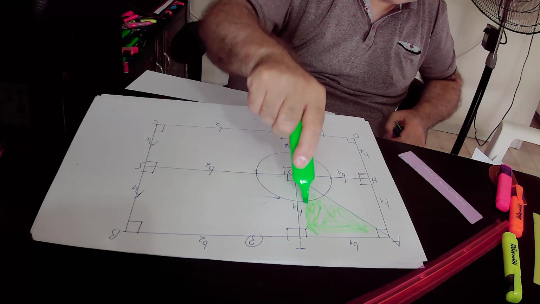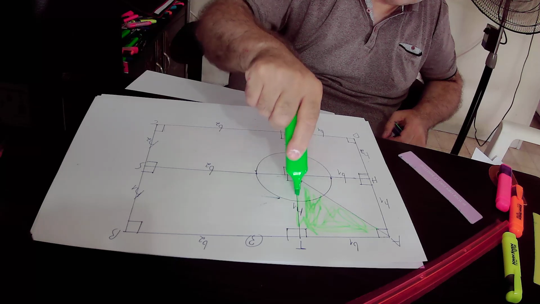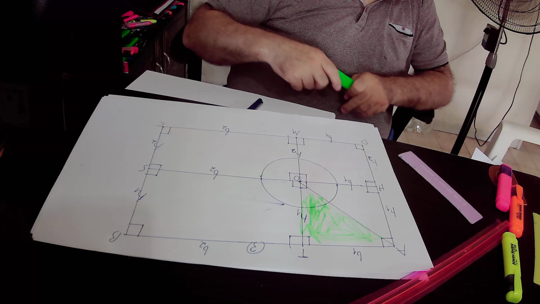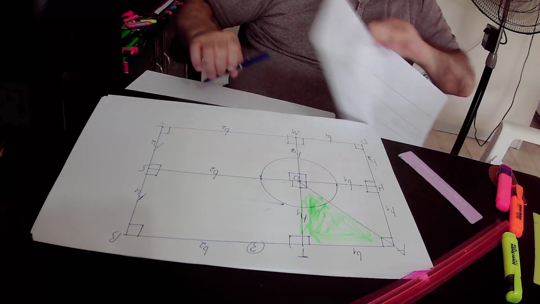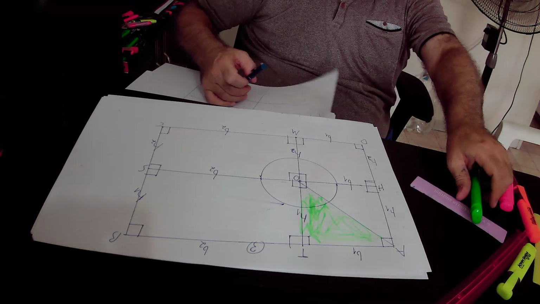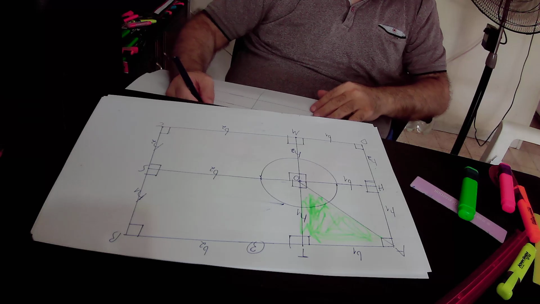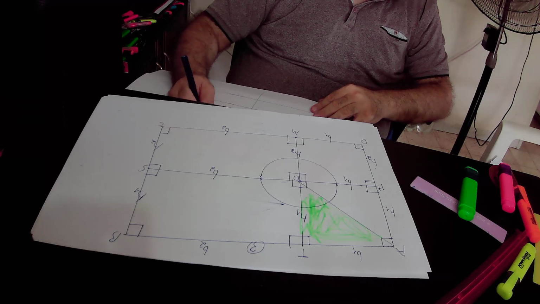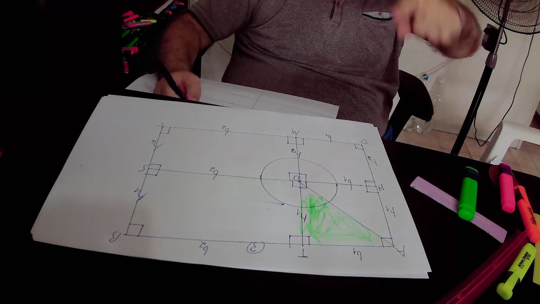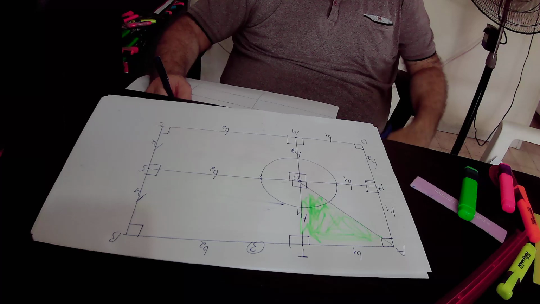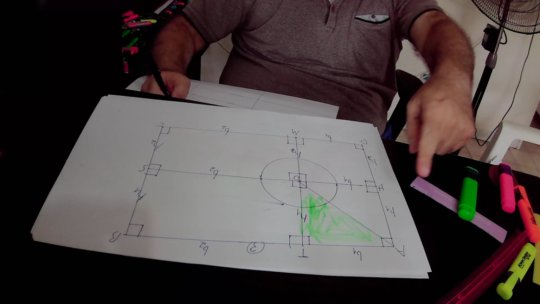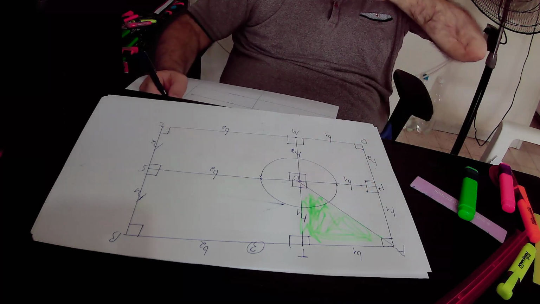In the green right triangle, triangle ATO, according to the Pythagoras theorem, AO square equals B1 square plus H1 square. Again, AO square equals B1 square plus H1 square.